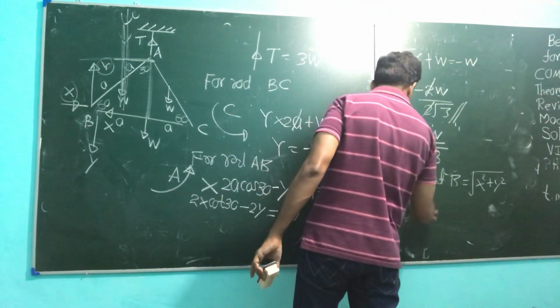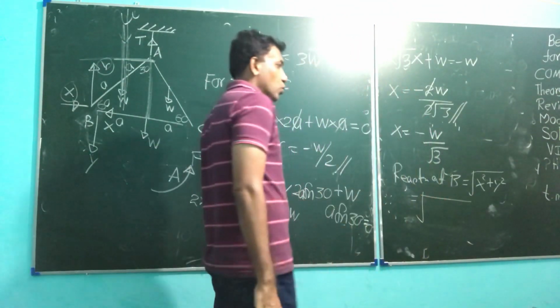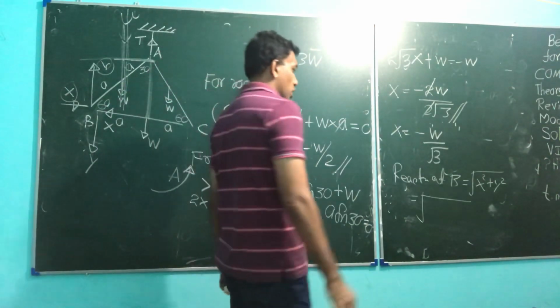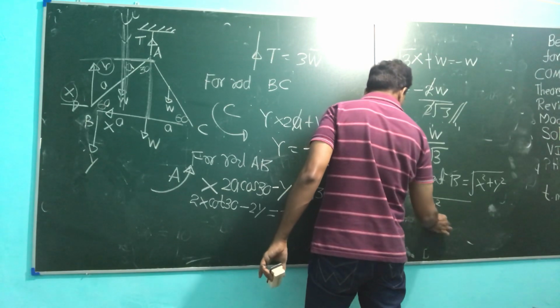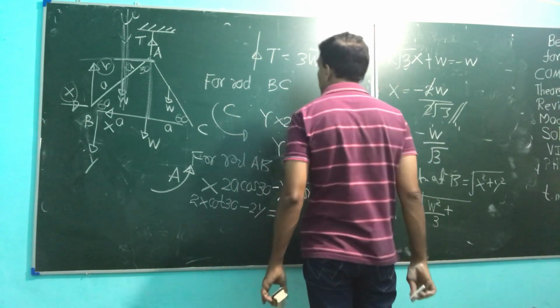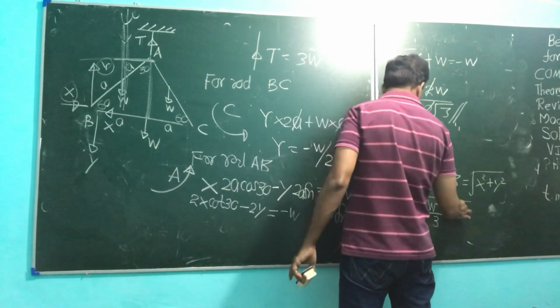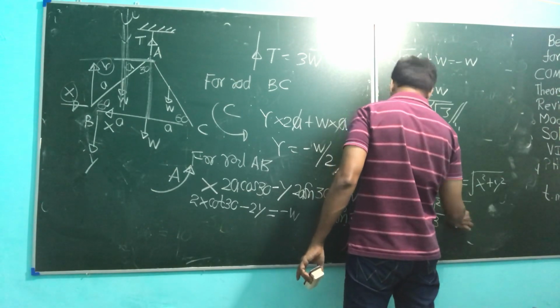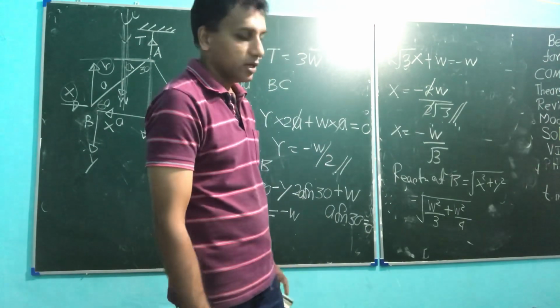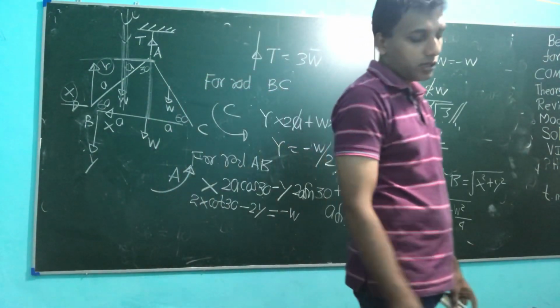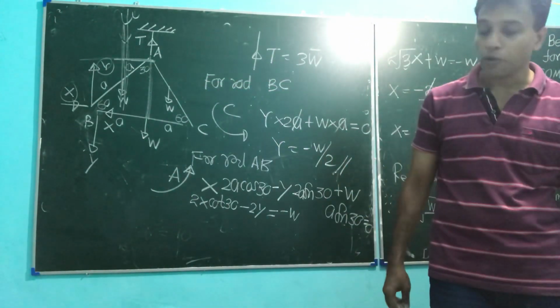Square root of x square, w square over 3. Here no minus problem when squaring. What is y square? w square over 4. Now simplify, get the answer. That's the reaction at point B.